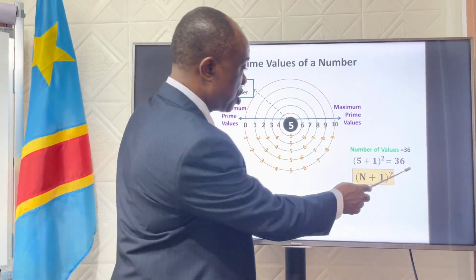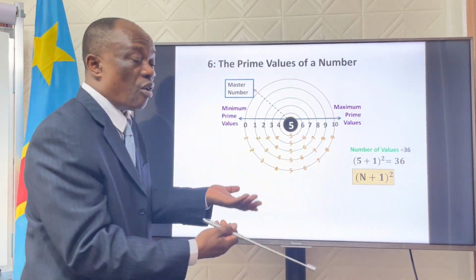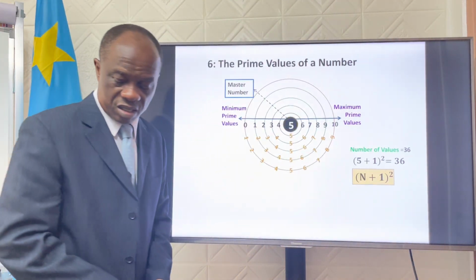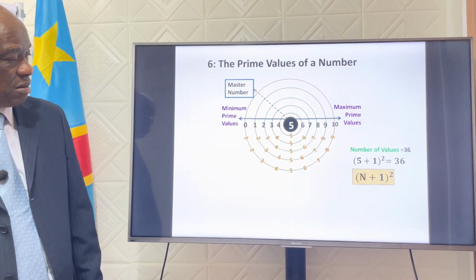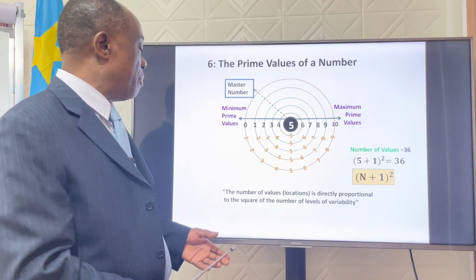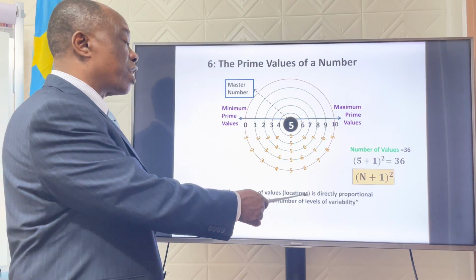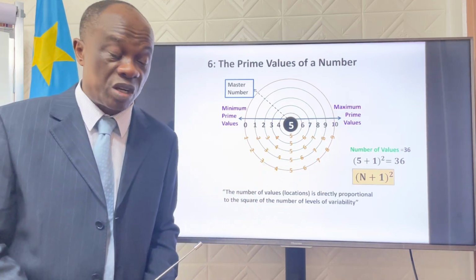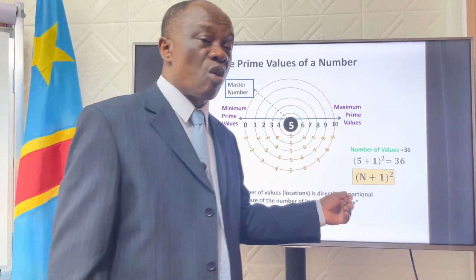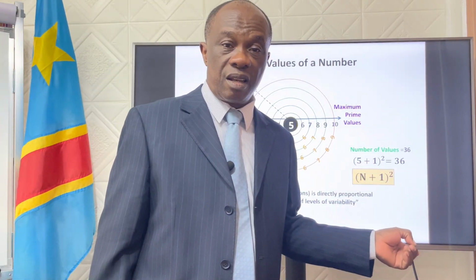That gives you 36. From any number, you just get n plus 1 squared. As I'm saying here, the number of values or locations is directly proportional to the square of the number of levels of variability. That's the law.